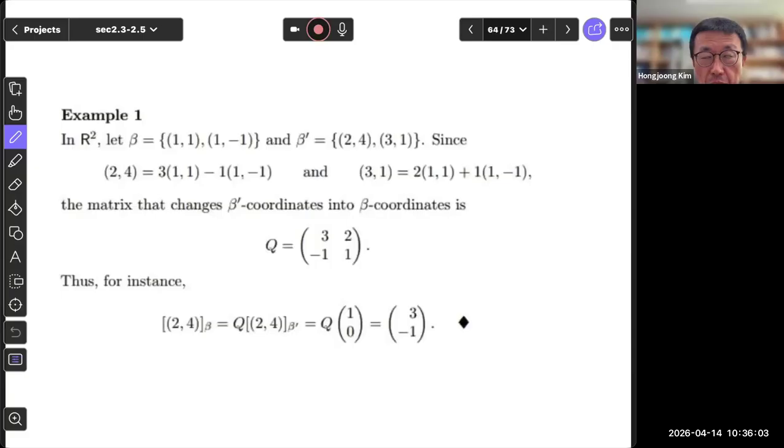In R^2, if I consider two different bases, beta and beta prime, the vector (2, 4) can be written by this.